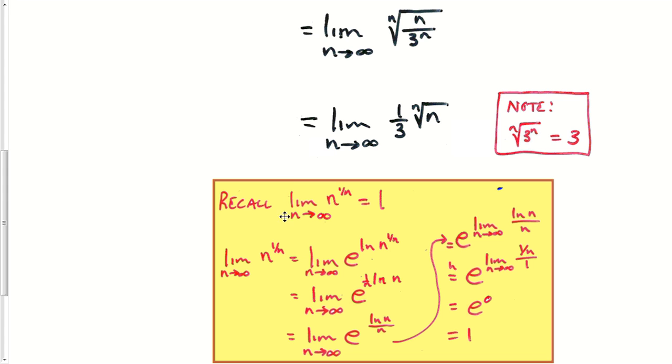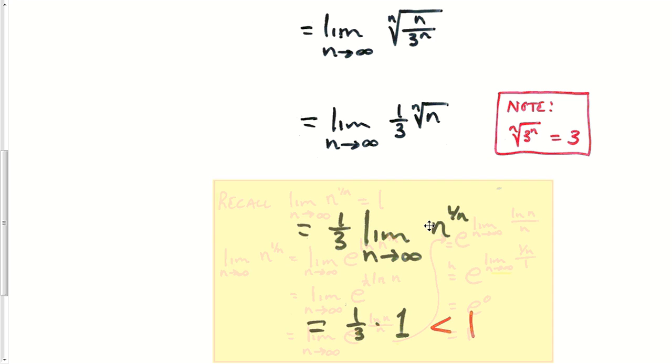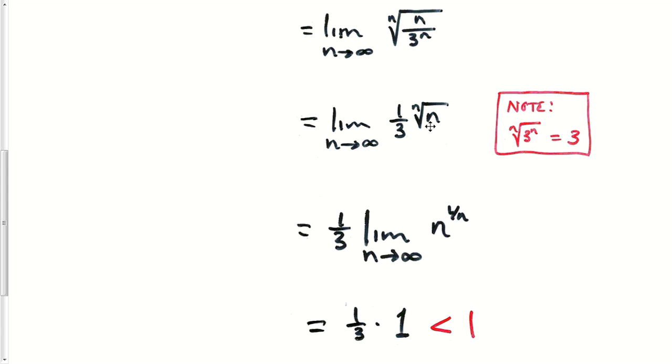So our original limit up here we know is equal to 1, and this is the same thing as the nth root of n. The limit of n to the power 1 over n is 1, so we have 1/3 times 1, which of course is 1/3 and is less than 1. What did we say?